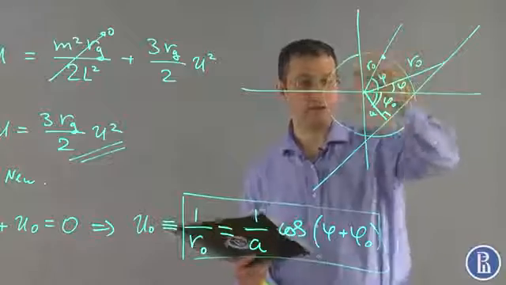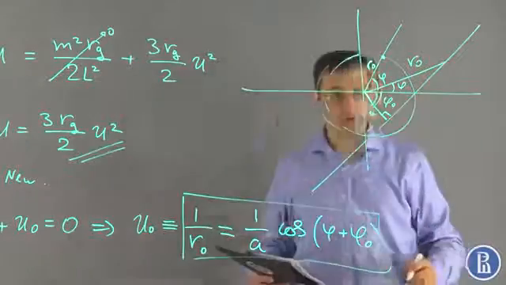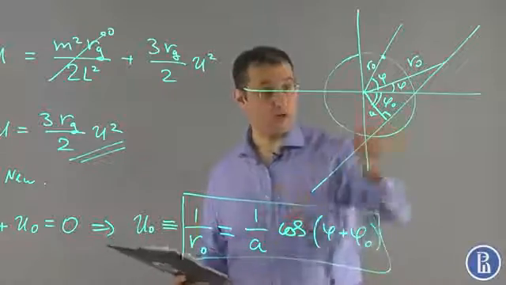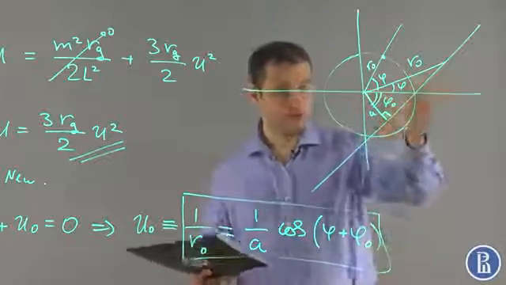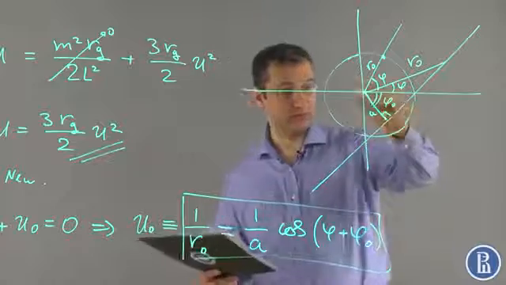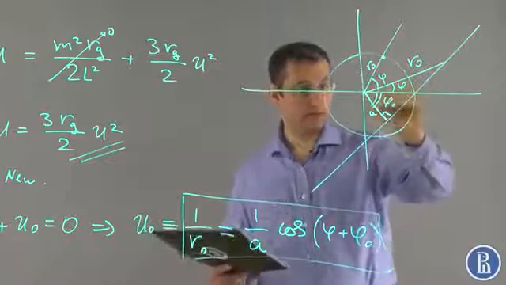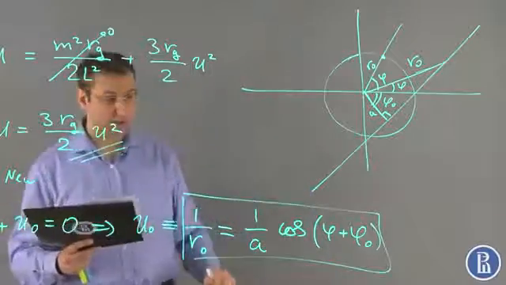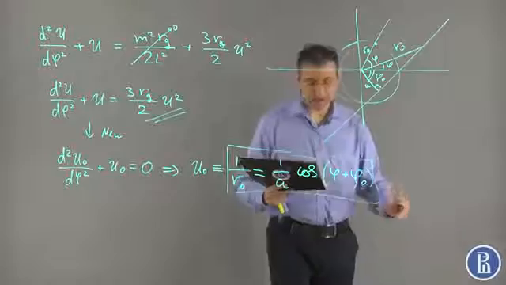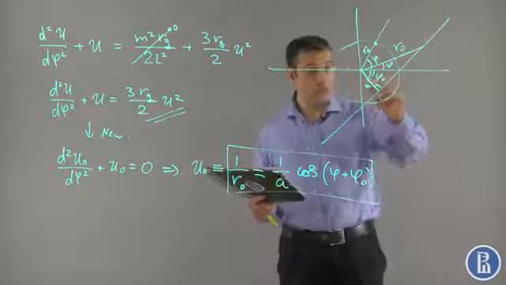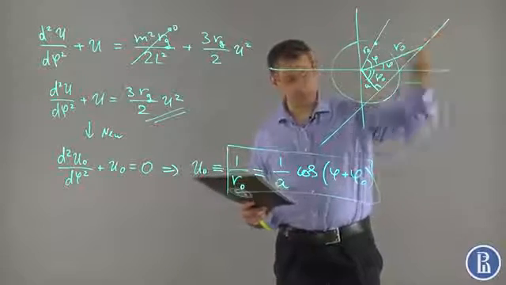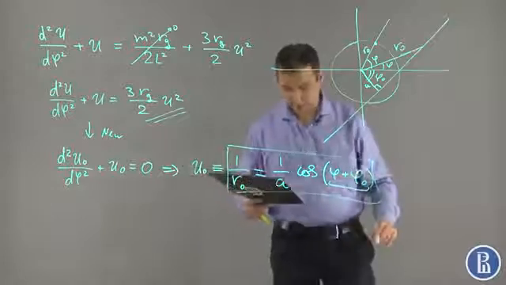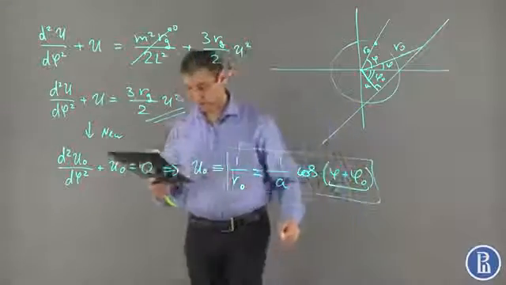So, I mean, this was just to picture it. So in reality, we have the following situation. One can see from this picture, from this rectangle, this relation. And indeed, one can see that as phi plus phi 0 goes to pi, r0 goes to infinity. So as this argument goes to pi, r0 goes to infinity.